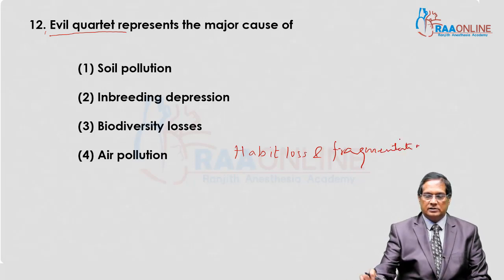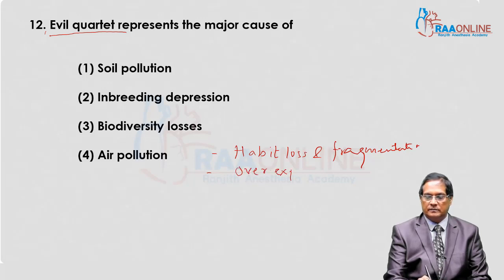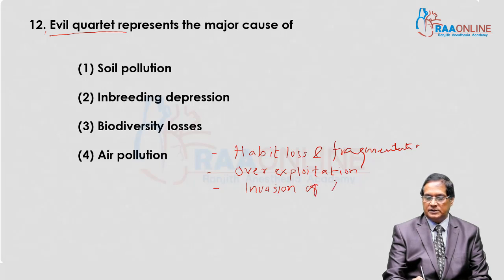Second is over exploitation of natural resources in the living world. Third is invasion of alien species.